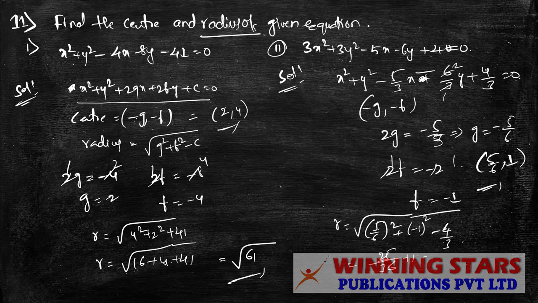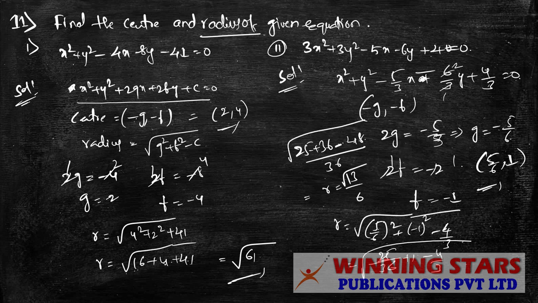So under root, it will become 25 plus 36 minus 48 divided by 36, under root of, so this total will become 13 divided by 6 under root. Now the answer is r is equal to root 13 divided by 6.